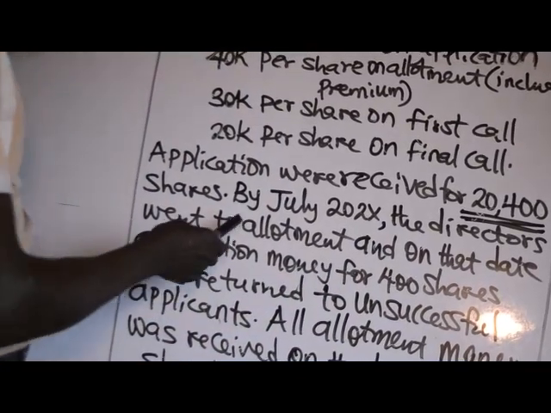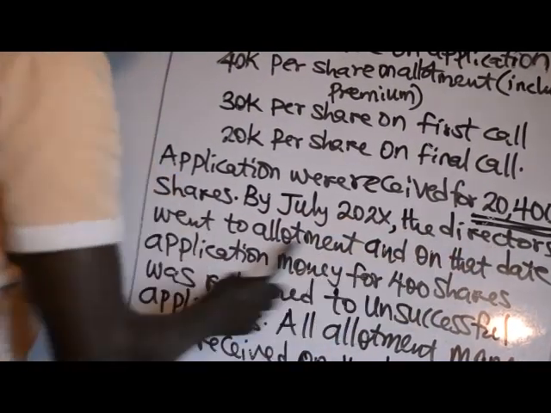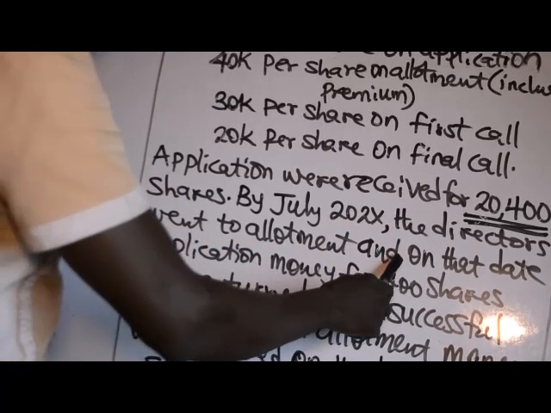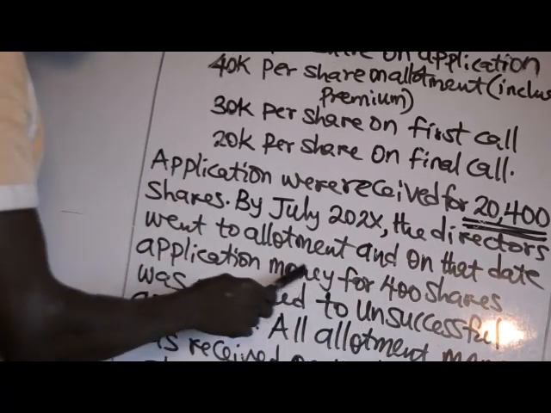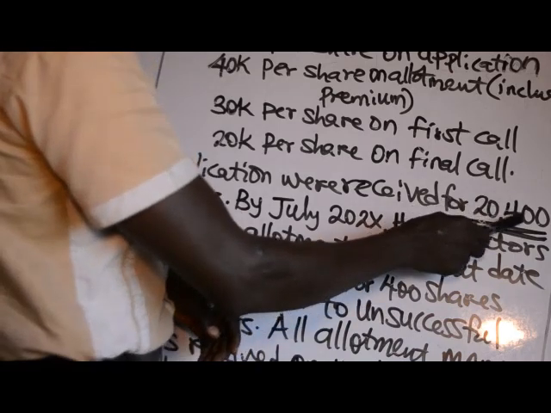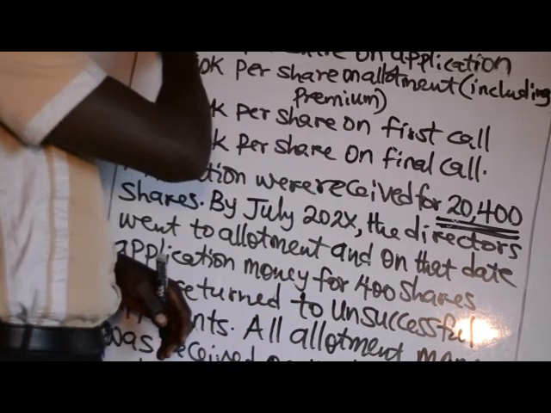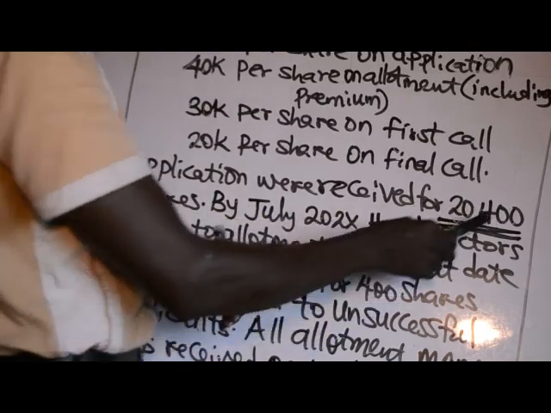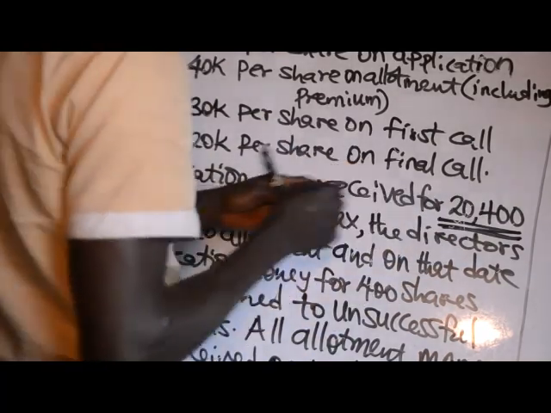By July 2012, the directors went to allotment, and on that date, application money for 400 shares was returned. The 20,400 exceeded the 20,000 by 400. That 400 is the amount returned.